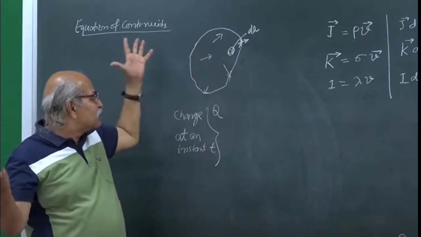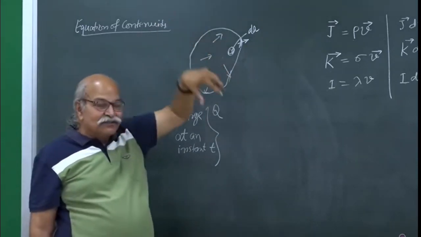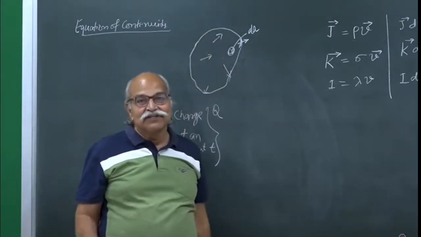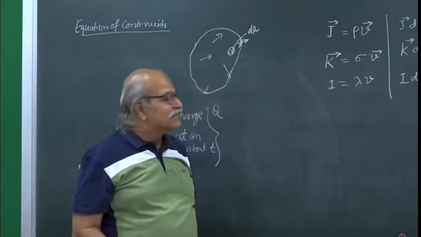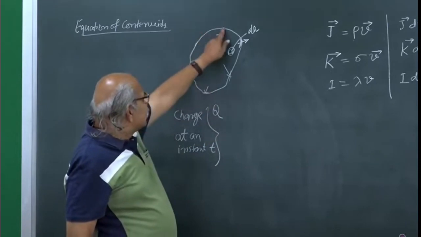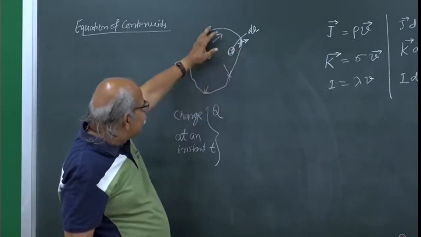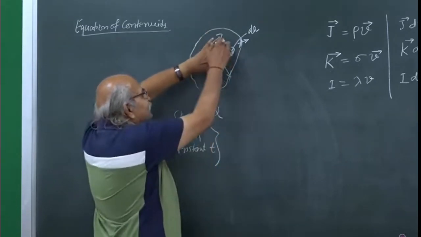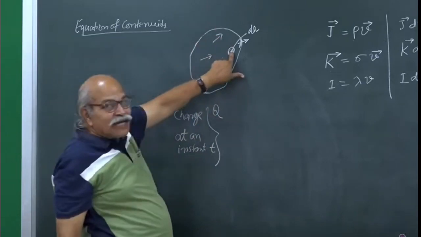So you have to make an imagination. You have a surface, and on that surface you are taking some small area dA. The surface is not only this line, the surface is everywhere. Suppose this is the kind of volume, then this whole thing is surface, and this dA can be here, can be here, can be here. That's why I am showing it here.